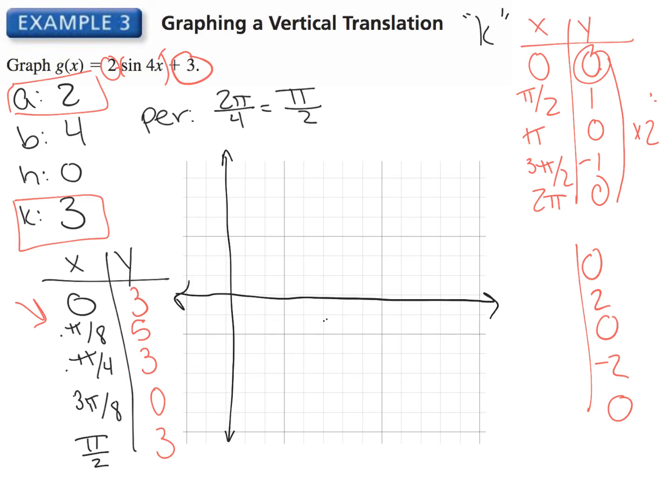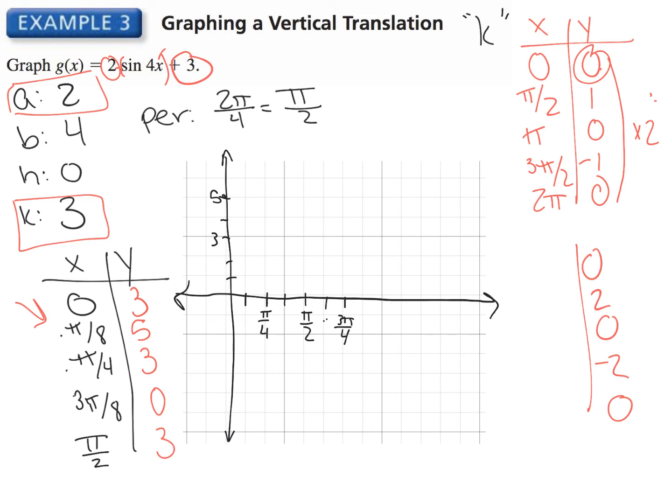All right, labeling axes, 0 to pi over 2, so pi over 4, pi over 2. The reason why I'm not doing a big stretch is because you can see this is going 4 times. So the whole point is I want to show that it's going really fast. And then we've got 3, 5. 1, 2, 3, 4, 5, 3, and then 0. And that's everything we need labeled.